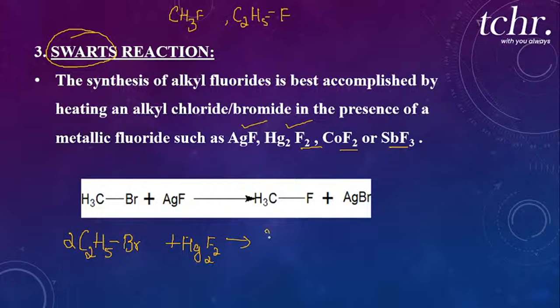I get two molecules of C2H5F, and Hg2F2 is turned into mercurous bromide, Hg2Br2. What I got here is fluoroethane. Is it clear, my dear students?